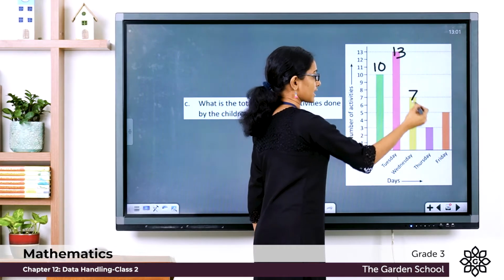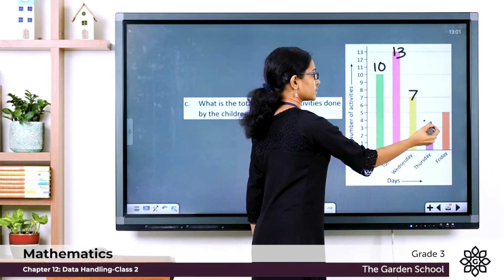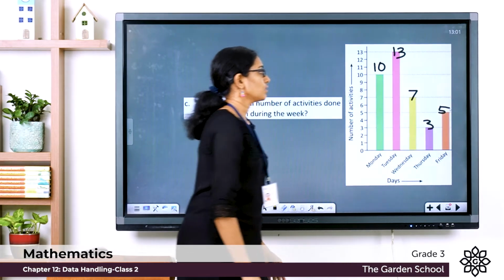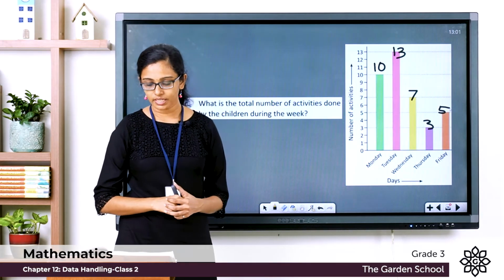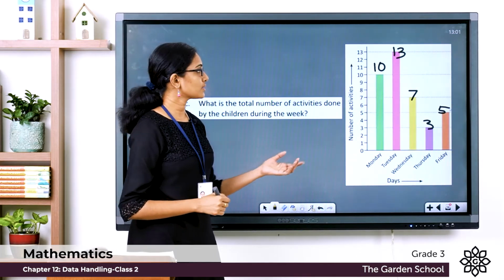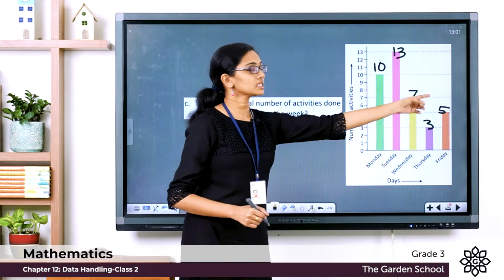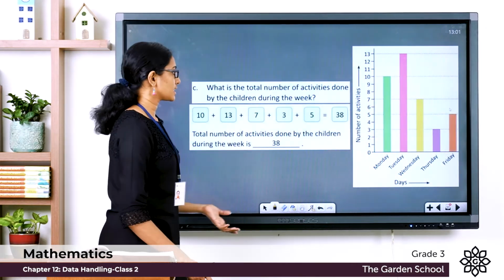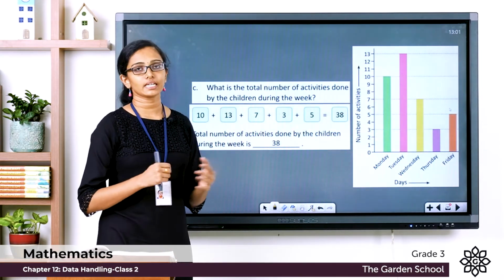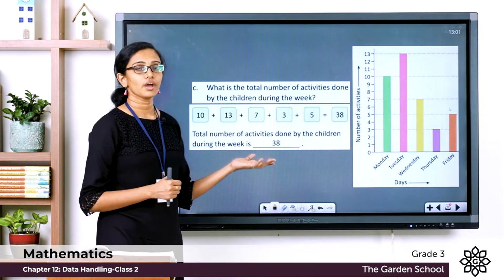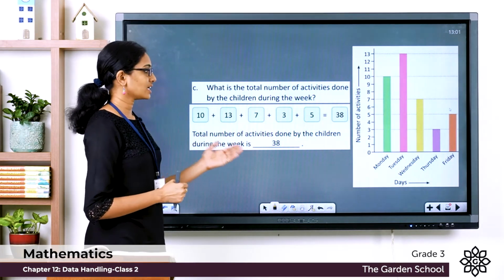Wednesday, they did 7 activities. Thursday, they did 3. And on Friday, they did 5. So the total number of activities they have done will be equal to 10 plus 13 plus 7 plus 3 plus 5, right? So that is equal to a total of 38 activities. The total number of activities done by the children during the week is equal to 38.